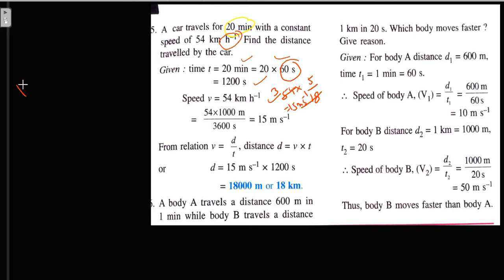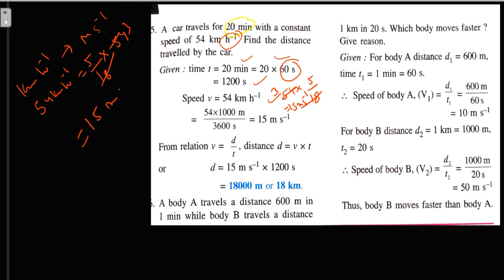To convert kilometer hour minus 1 to meter second minus 1, we multiply the kilometer per hour by 5 upon 18. 54 kilometer hour minus 1 equal to 5 upon 18 multiplied by 54, 18 3 times, you will get the answer 15. Sometimes you feel this is lengthy.